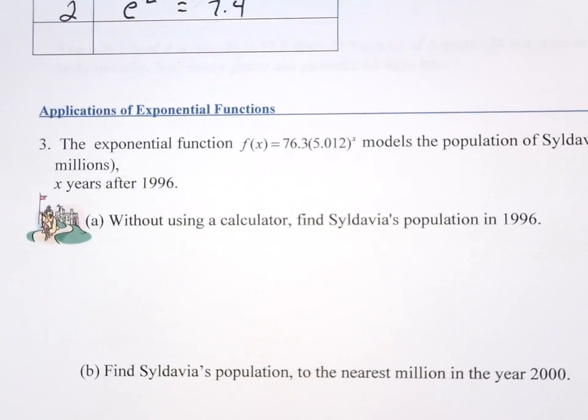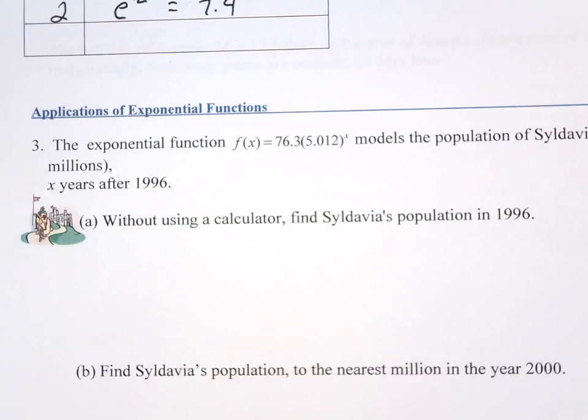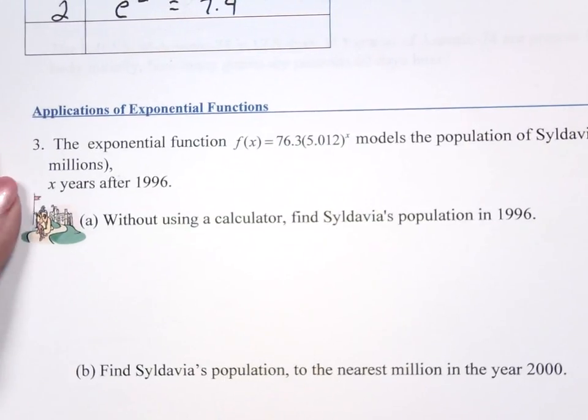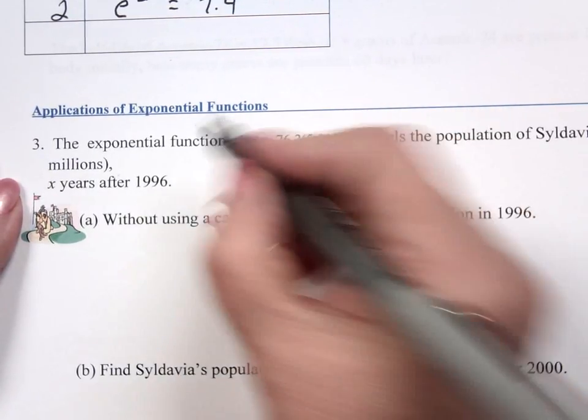Here's a word problem. He says an exponential function of the form f of x equals 76.3 times 5.012 to the x models the population of some country in millions. And x, now this is important.